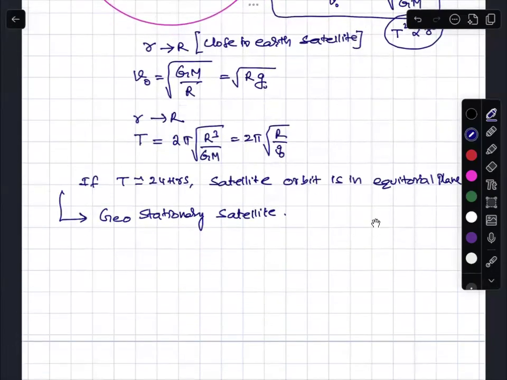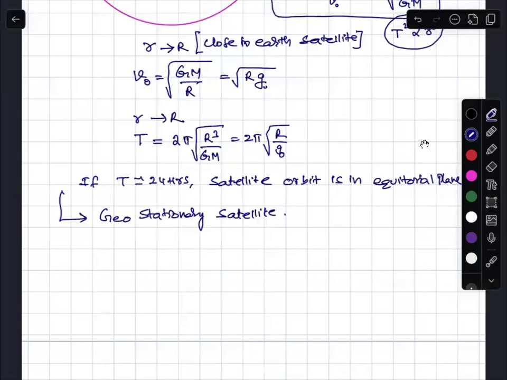Nearly for that satellite, the height is also very high. If I am not mistaken, that will be around some 36,000 kilometers high. A geostationary satellite is also called a parking satellite.